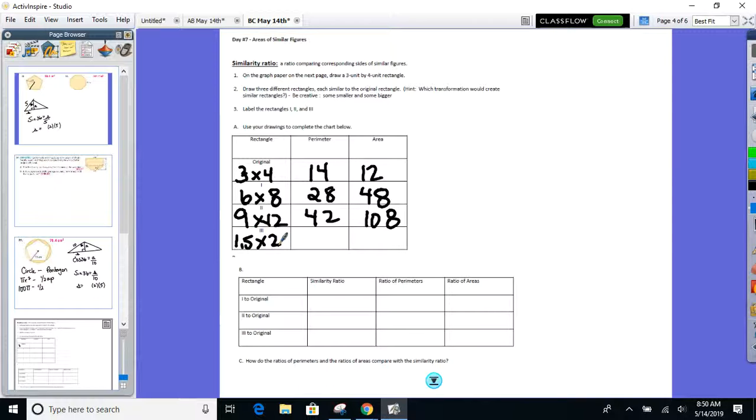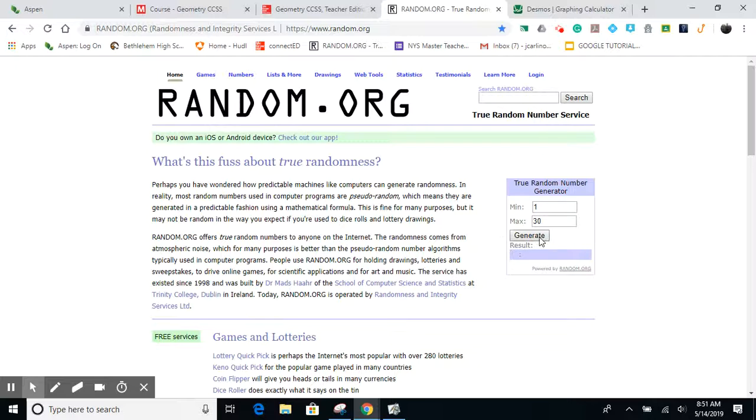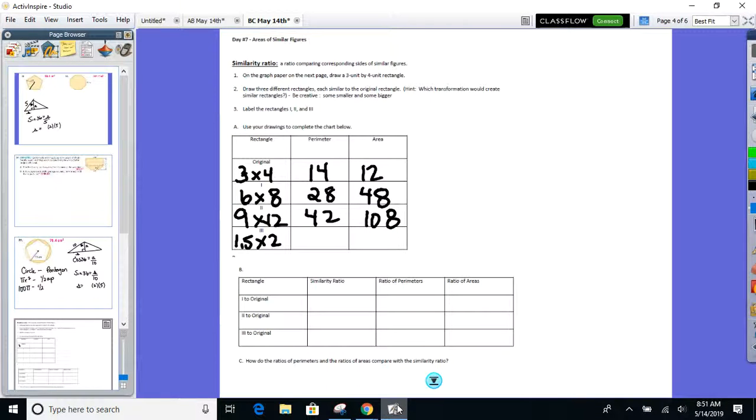I like it. And how about the perimeter and area of that one? 10. It is. Thank you. All right.